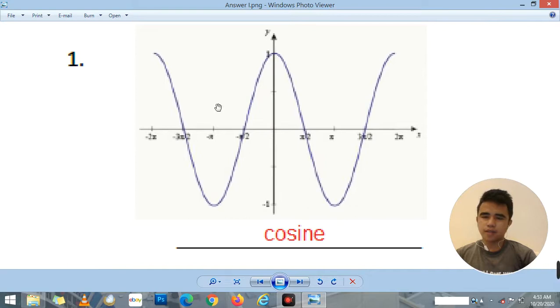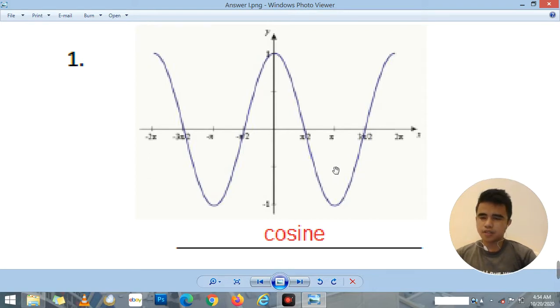By looking at this figure, you can immediately say that this is a trigonometric function. It could be either a cosine or sine function. Those two trigonometric functions are almost similar.